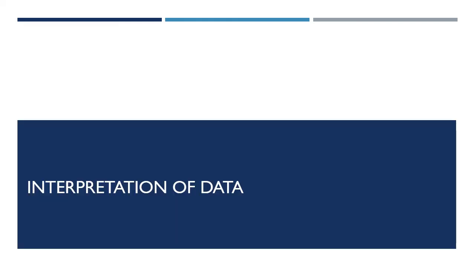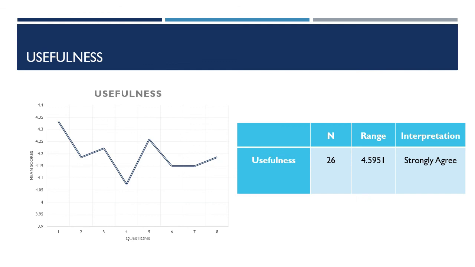Based on the data gathered from the users, we have come up with a result. Under usefulness, there were 8 questions asked of 26 respondents, and we came up with an average of 4.5951, which is interpreted as strongly agree.